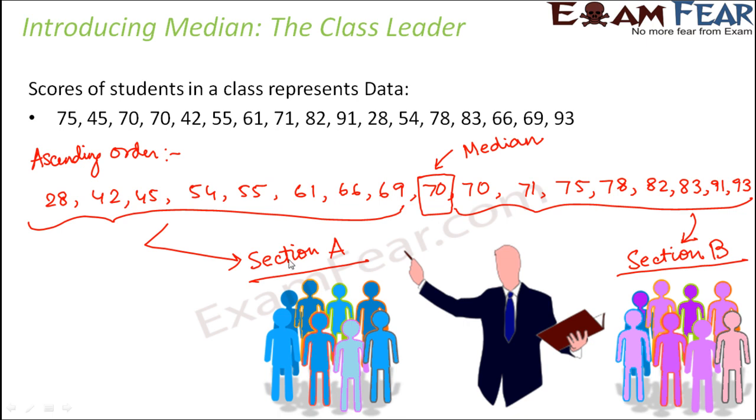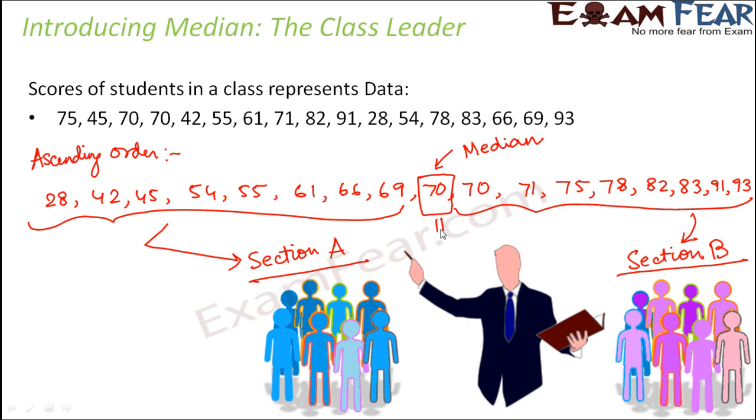Now section A would comprise students with lower marks, so that more attention could be given to the students in this section. Whereas section B have higher marks, so accordingly attention can be given to these students. So that's how you have divided them into two different sections.